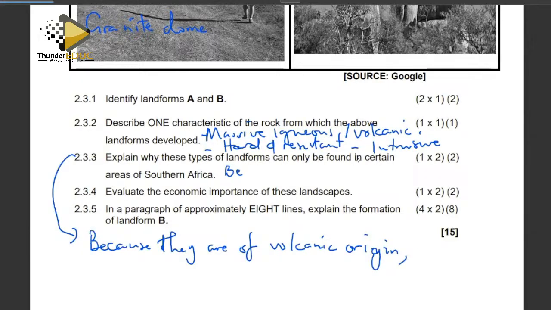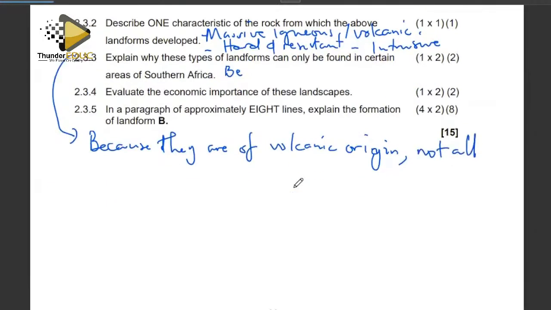Because they are of volcanic origin, not all areas in South Africa experienced intrusive volcanicity.